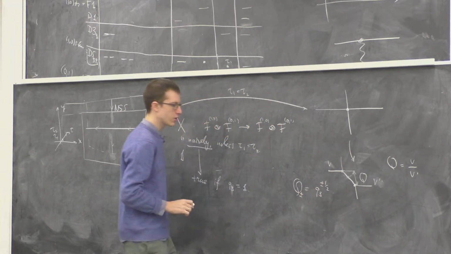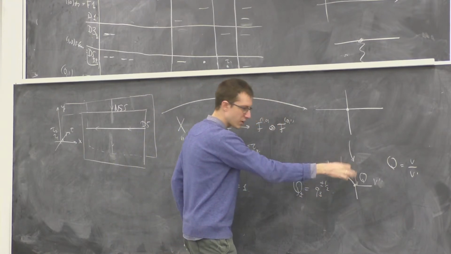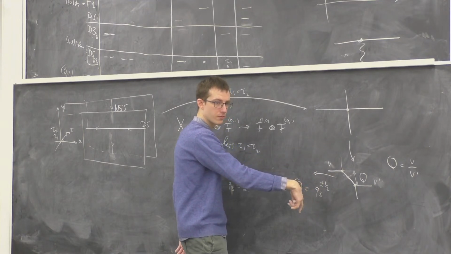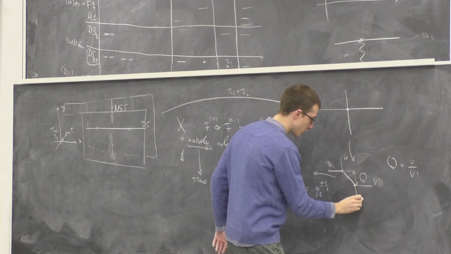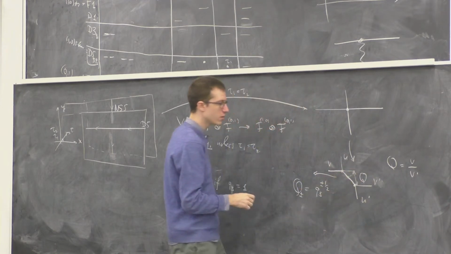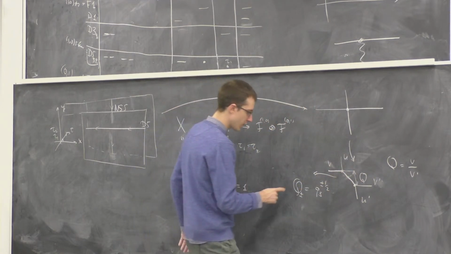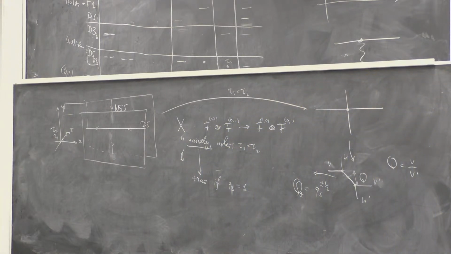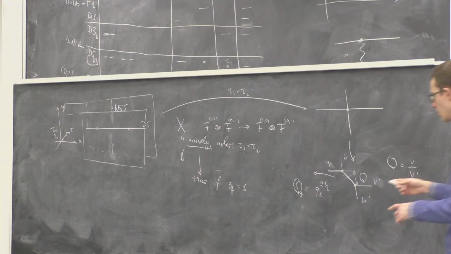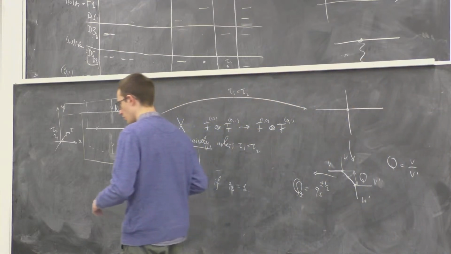So there are special values of this. So this is an intertwining operator by construction. And this U and U prime and V and V prime are related. And I have some special values of Q at which the operator simplifies.